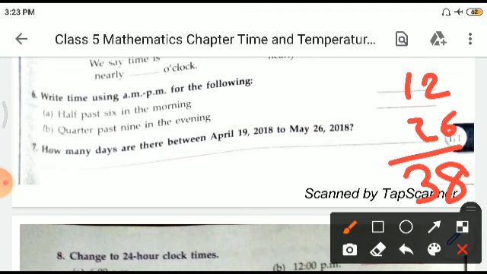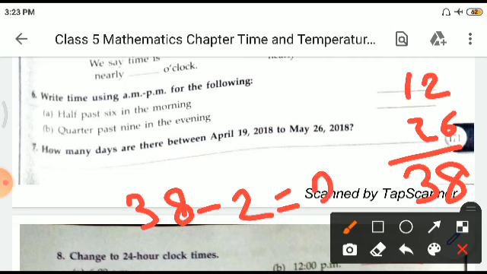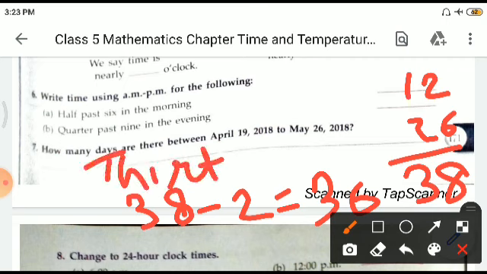So we will be subtracting 2 from this. 38 minus 2, and this is how much? 36, right? So here the answer is 36 days.